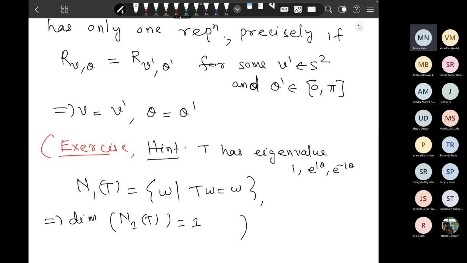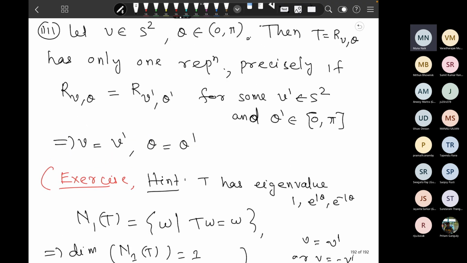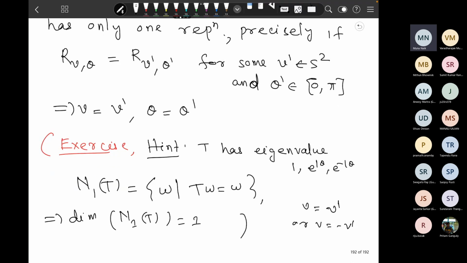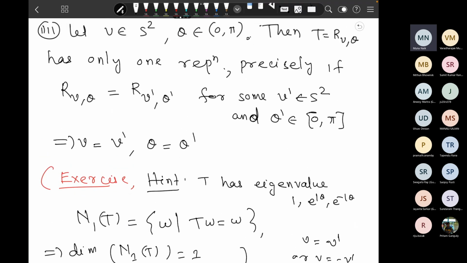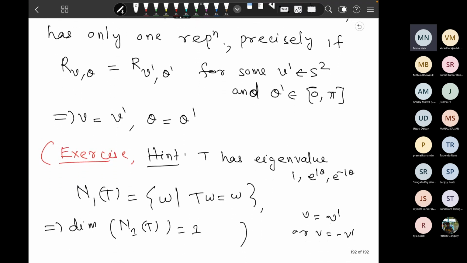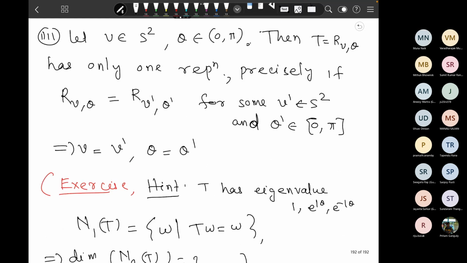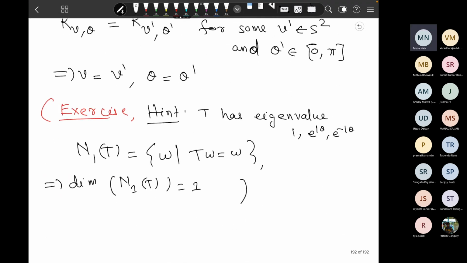Therefore, either v will be v prime or v will be minus v prime, and you have been given some restriction on theta, and using that you are to prove that R(v, theta) has a unique representation. I have told you all the arguments, you just need to write that. Okay, so this is the thing.